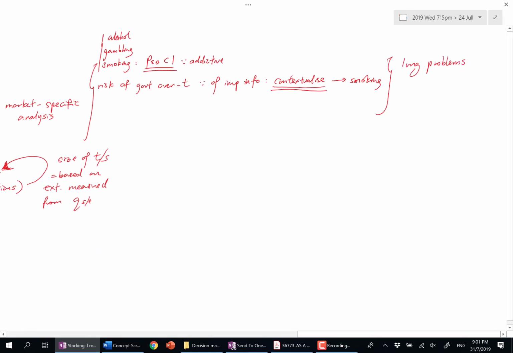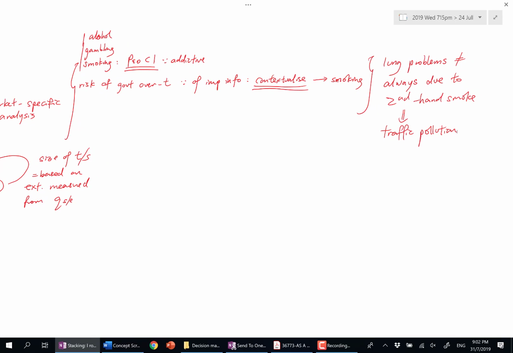Not everyone with lung problems is due to inhalation or secondhand smoke. Lung problems can also be due to traffic pollution. And there are a lot of nice condos in Singapore that are facing highways. So the moment you open your window, you are inhaling all the pollutants. So you can't say, oh, everyone with lung problems, let's take it to be second-hand smoke, so the spillover cost is so big. You're overestimating.